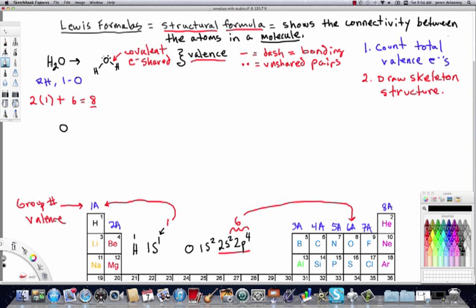And then there are going to be 2 external atoms, which will be the hydrogens that are attached to the oxygen. So the beginner might do something like this, which is fine.